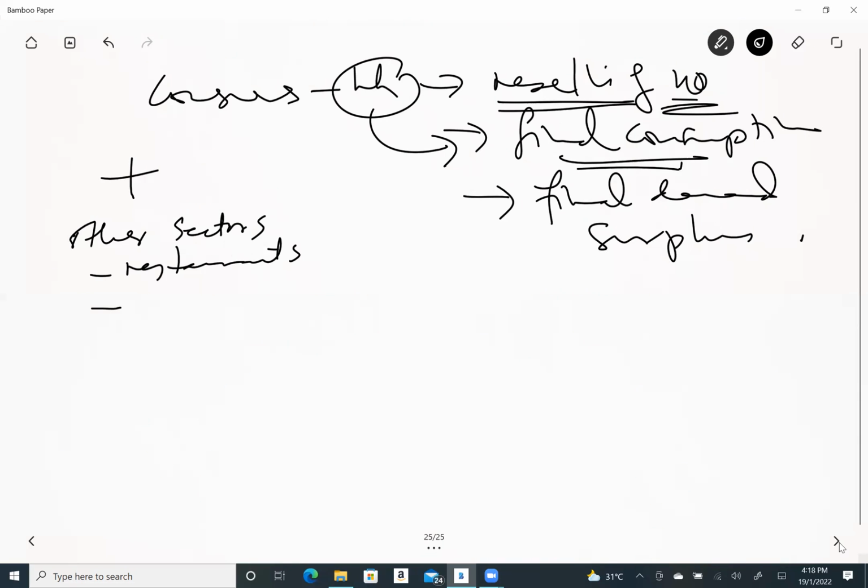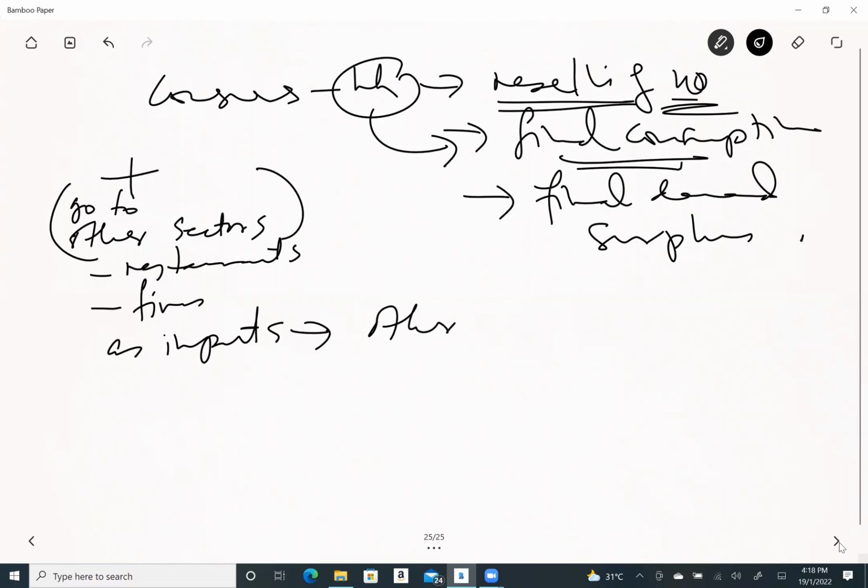Or other types of firms make chili sauce, chili powder, everything from chili. So the output produced by one sector will go to other sectors as inputs, to produce other goods.